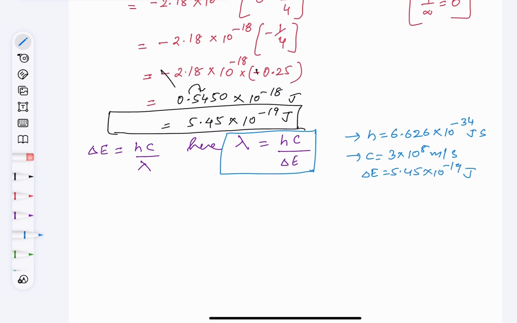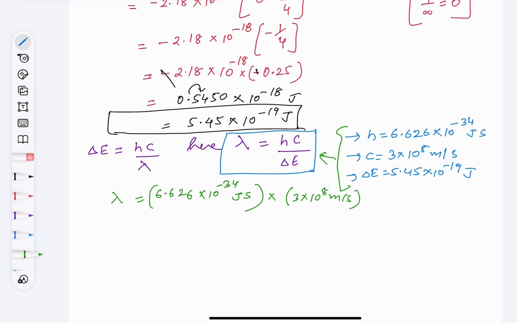So let us put all these values in this formula. So you finally have lambda is equal to 6.626 into 10 to the power of minus 34 joule sec into 3 into 10 to the power of 8 meter per second divided by 5.45 into 10 to the power of minus 19 joules.